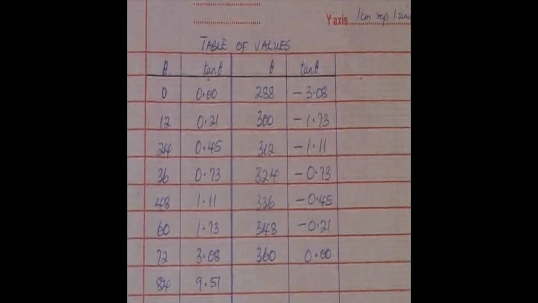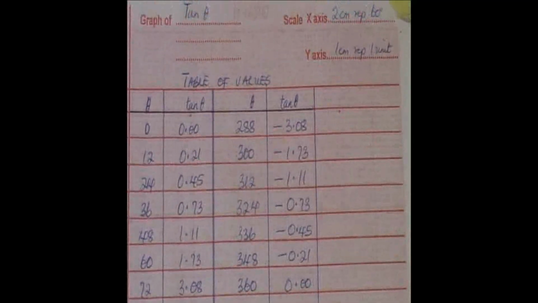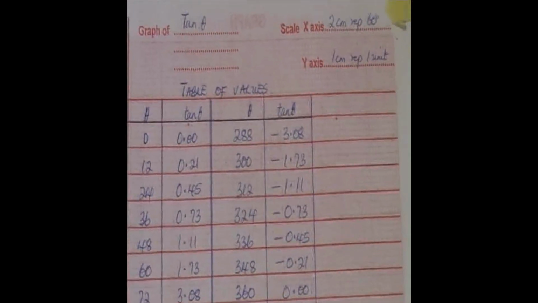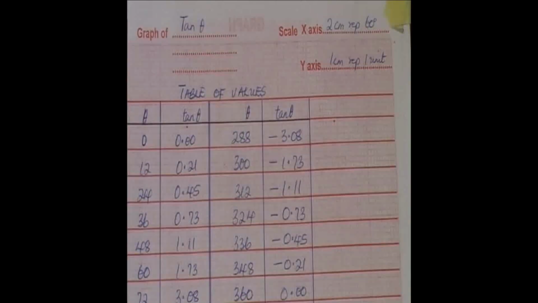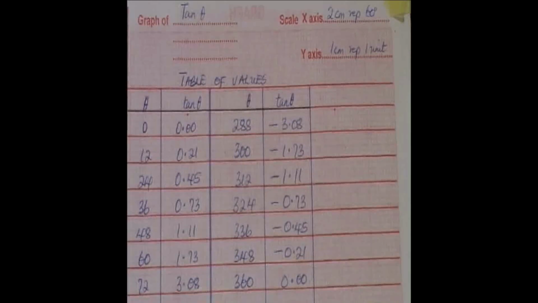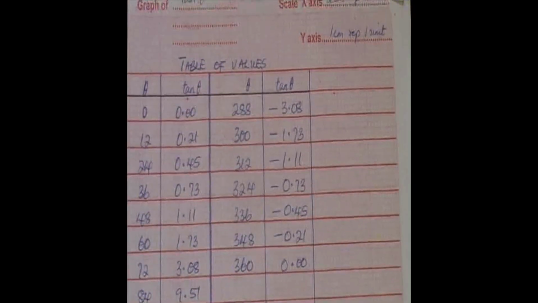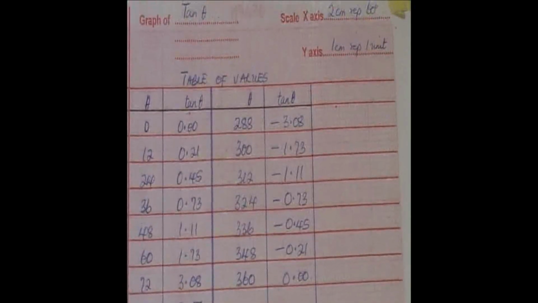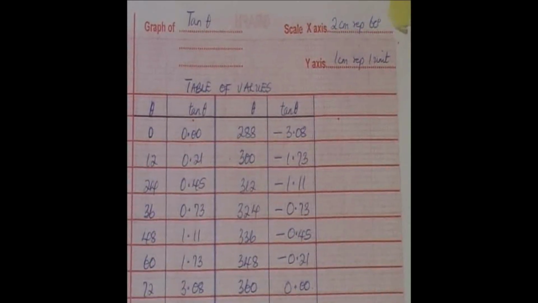That's the table of values. You can see our scale. The scale says 2 cm represents 60 degrees on x-axis, that is the theta axis, whereas 1 cm represents 1 unit on the y-axis, that is tan theta axis.